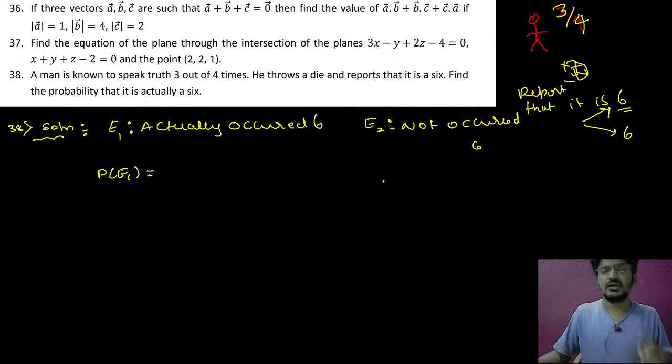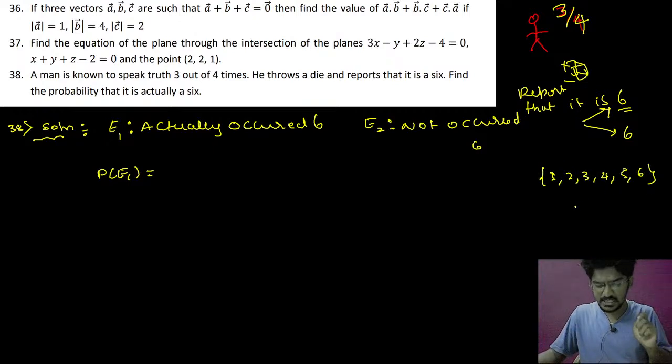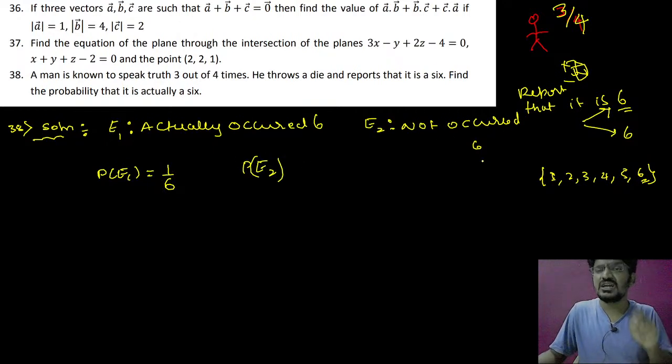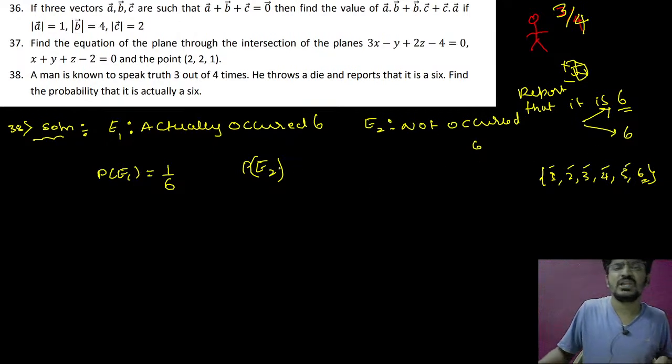We know that n(S) is 1, 2, 3, 4, 5, 6, the number of sample spaces. Actually occurred 6 means we have only one favorable case, that will be 1 by 6. Probability of E2, not occurred 6, has 5 favorable cases, so that will be 5 divided by 6.